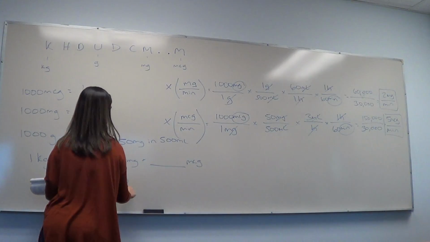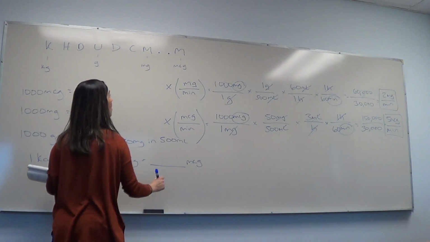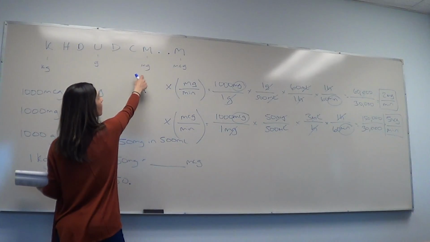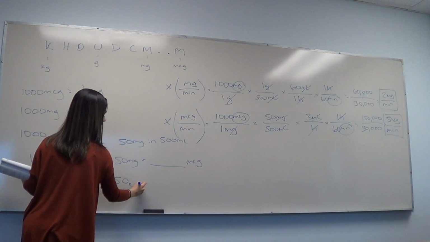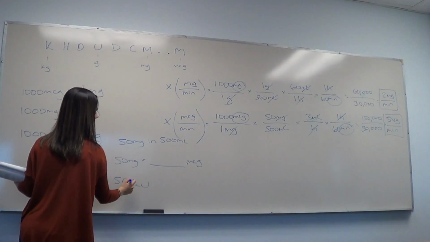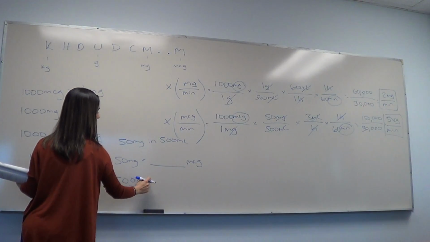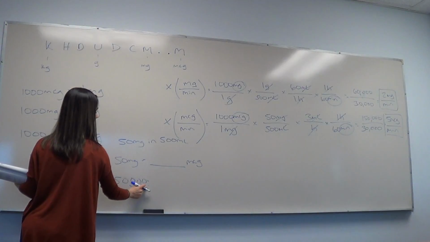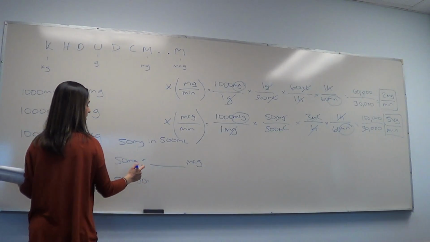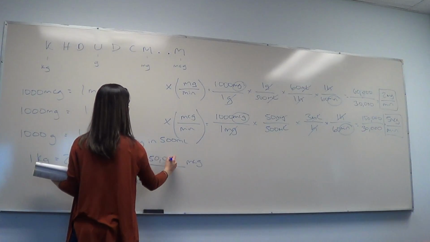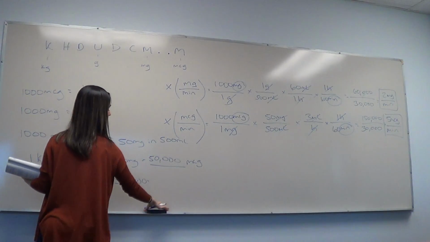So 50, our decimal's right here, our milligrams is right here. We need to move the decimal to the right, 1, 2, 3. 1, 2, 3. Fill our zeros in. That's our new decimal. So 50 milligrams equals 50,000 micrograms, correct?